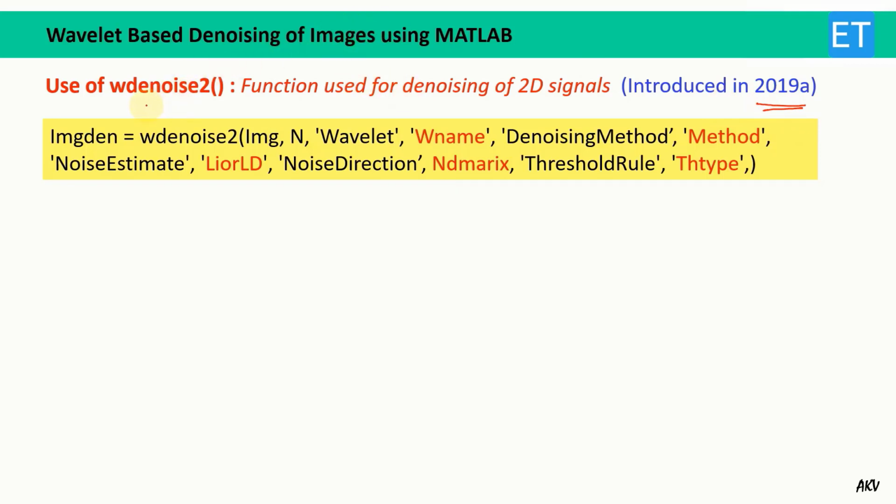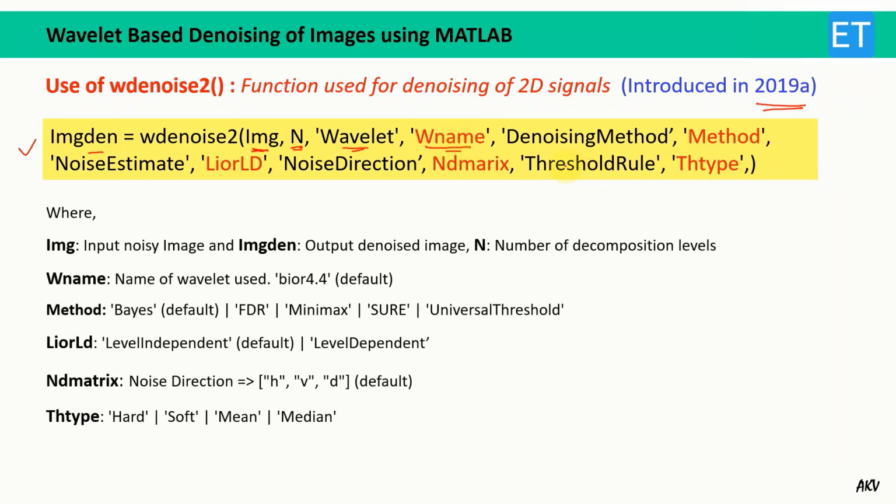This has more control and is more refined, and this is the syntax you can see. imgdn is your output and this is your input noisy image, img. N is your number of decomposition levels. Wavelet, here wname, is the wavelet name you will define, that means db, haar, or biorthogonal coefficients, etc. And then the denoising method, in place of this you will write the denoising method.